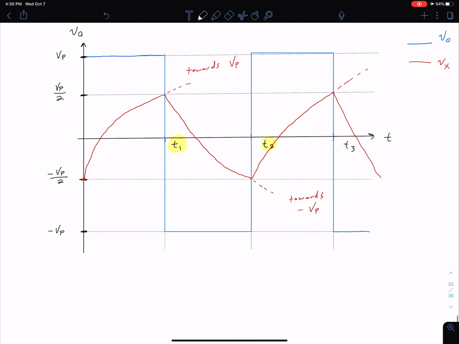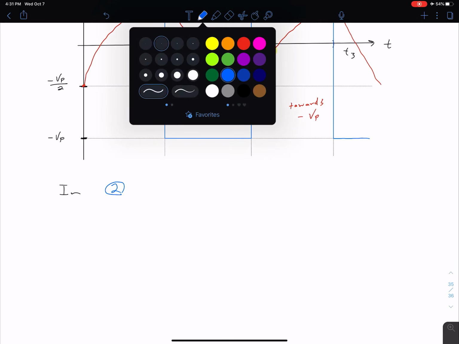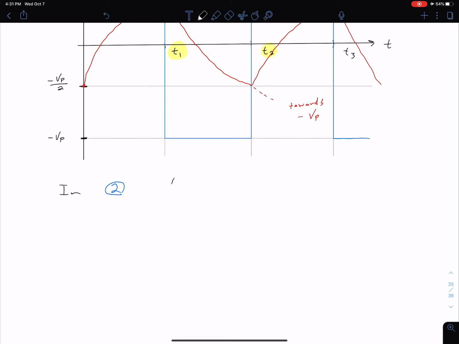Okay, so in order to find t1, we're going to come back to our equation 2. In our equation 2, we're going to use t equals t1, and we know at that point that our voltage Vx is equal to Vp over 2.